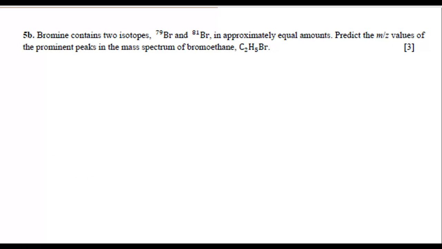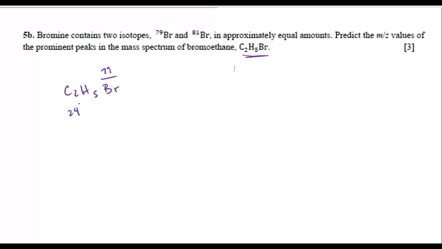So bromine has 2 isotopes, 79 and 81. Now we are asked to think about mass spec for molecules and isotopes all in one. So looking at values that we would expect to see on the mass spec for this guy if I've got 2 isotopes of bromine. So we could have the C2H5Br, where this is Br79.